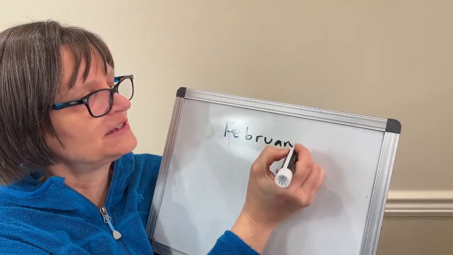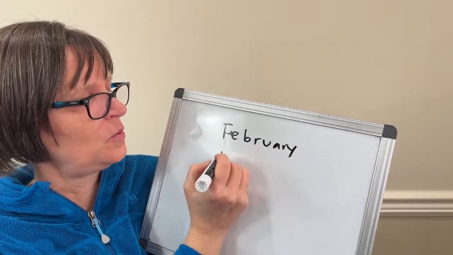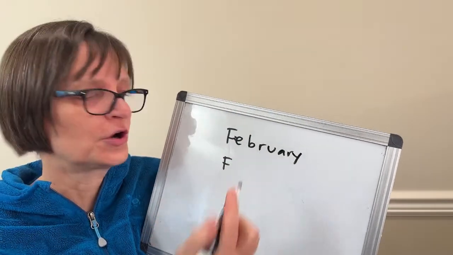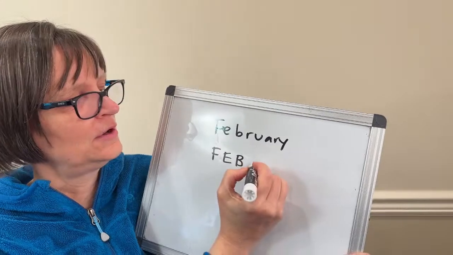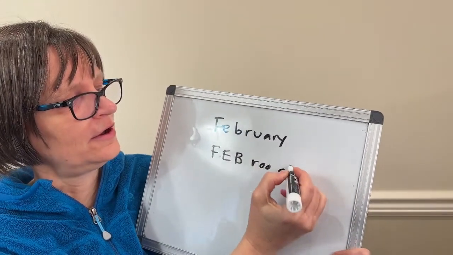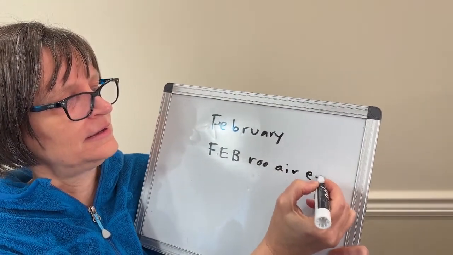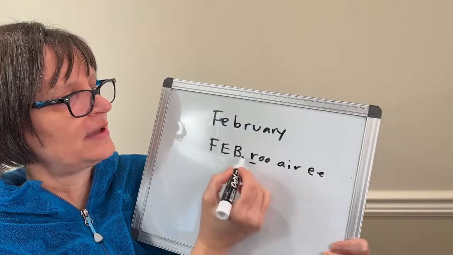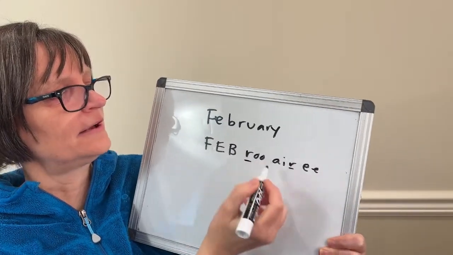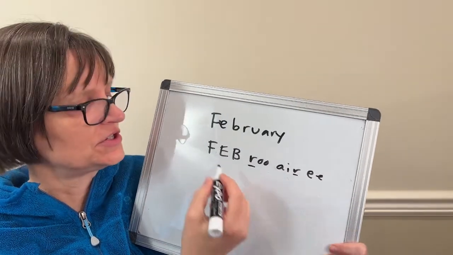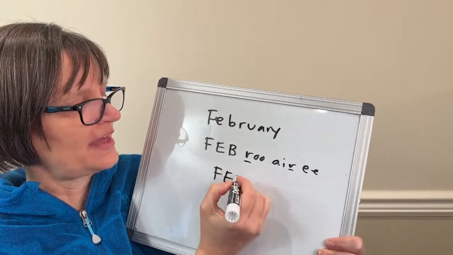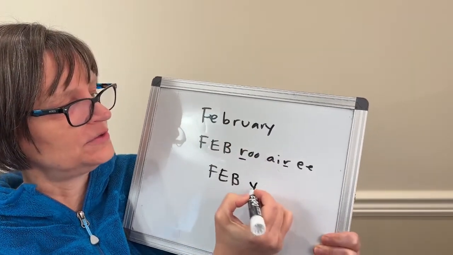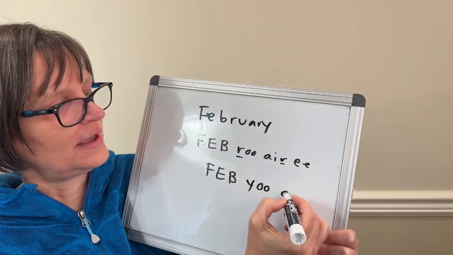There's two ways that native speakers tend to say it. One, the hyper-correct way, sounds like "Feb-ru-air-y," with two R's, February. But a lot of speakers just say "Febyuary." We drop that first R and we use a "y" sound there, February.